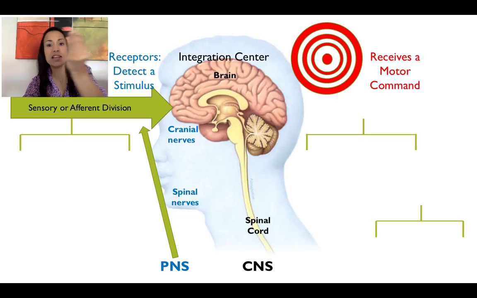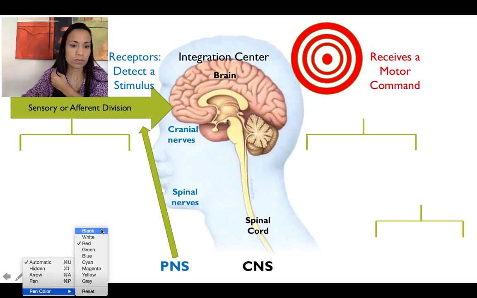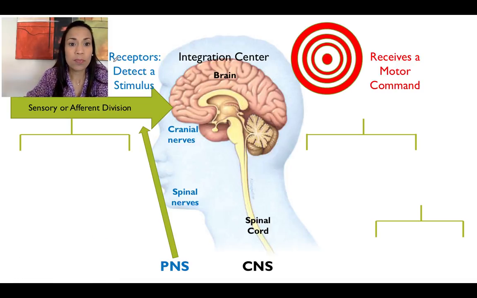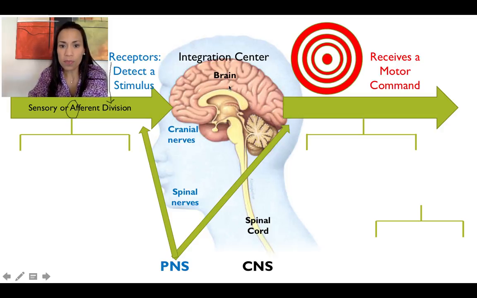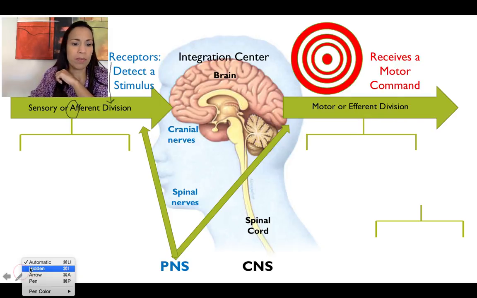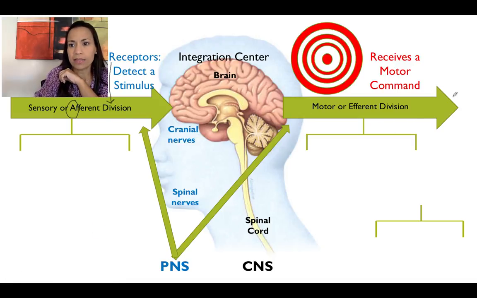One brings information from the receptor to the central nervous system, and that is the sensory or afferent division. We also have the branch that carries information from the brain and the spinal cord to the target organ.